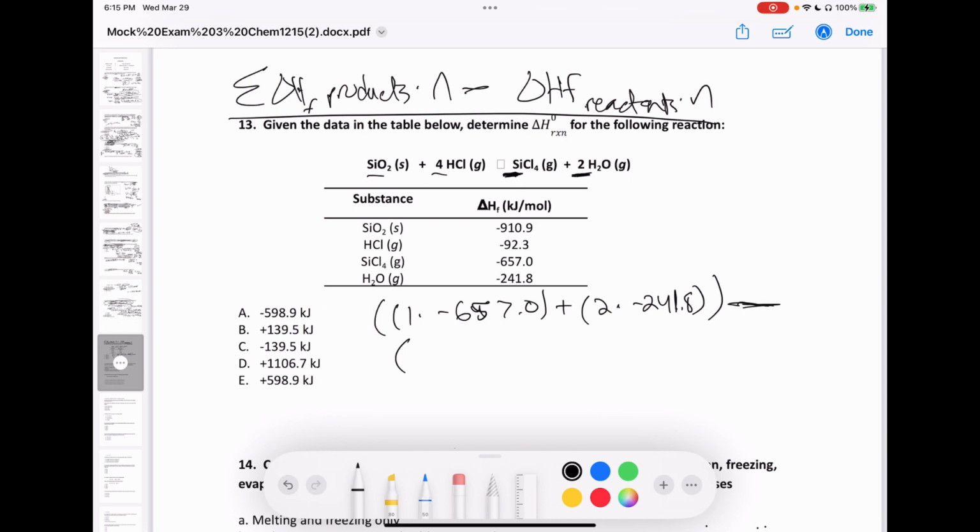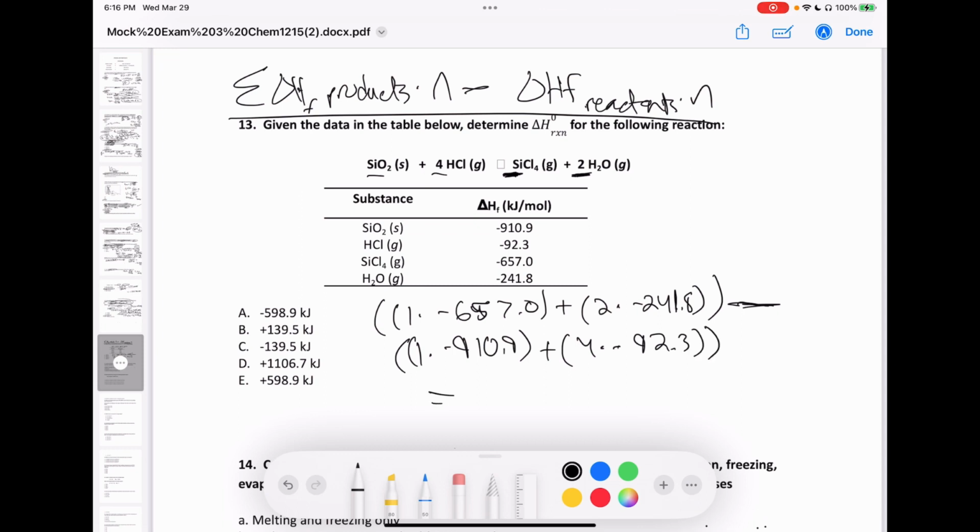So 1 mole of that silicon dioxide times the delta H formation, negative 910.9 plus 4 moles of hydrochloric acid, times negative 92.3.